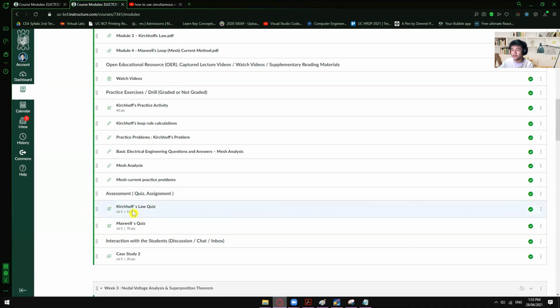After you're done analyzing this one, then you can start analyzing Maxwell. And you can also start answering this one if you want. It is completely up to you, since this one is already open. However, you will only have one attempt, of course. Having a second attempt is not allowed. Whatever your score on that first attempt is, that's it.